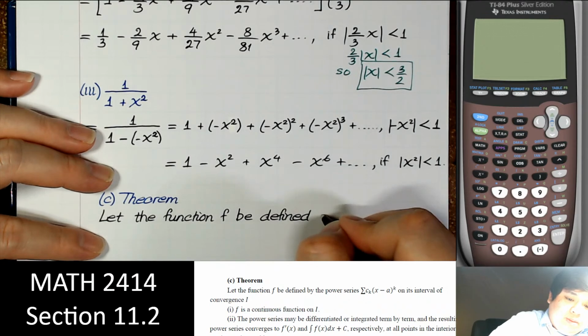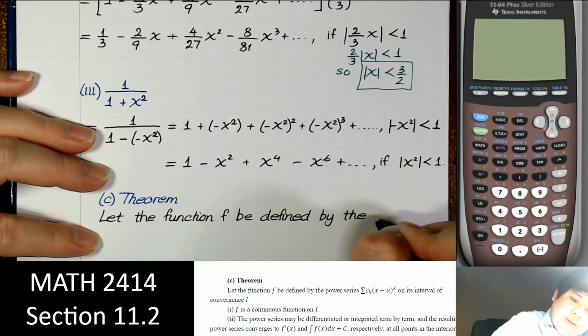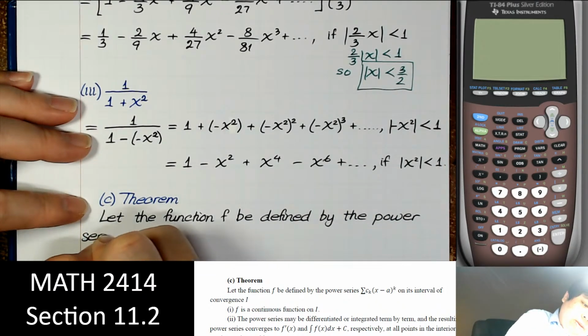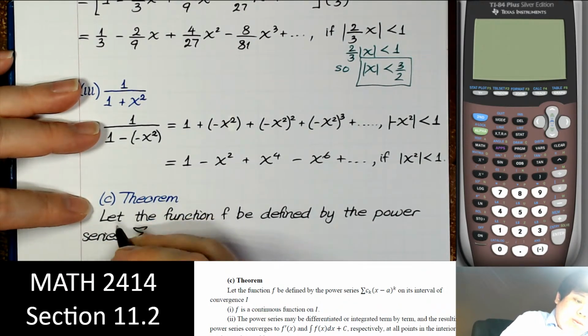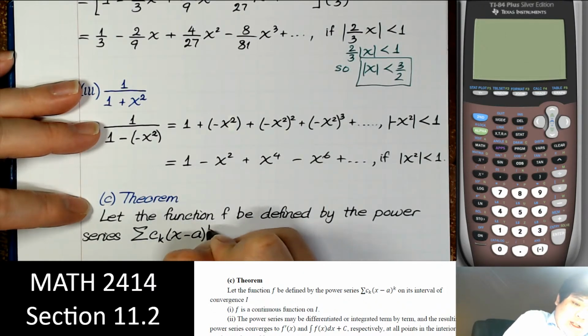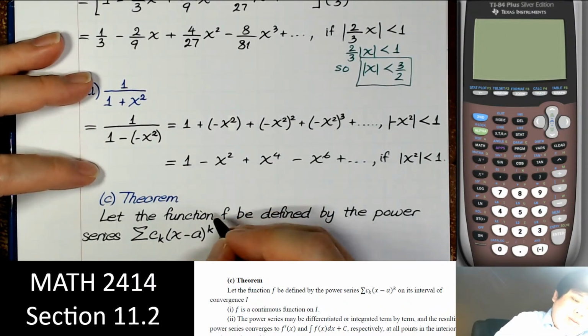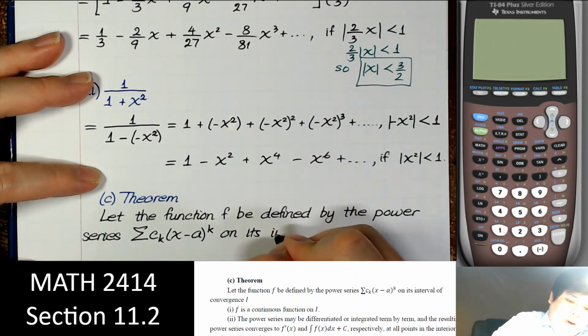A function defined by the power series sum of c k times x minus a to the k on the interval of convergence.